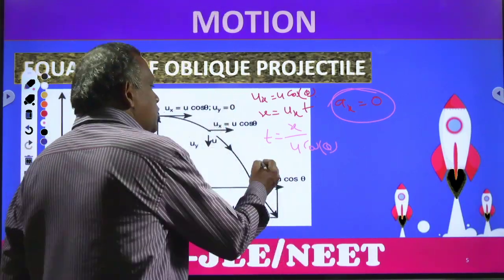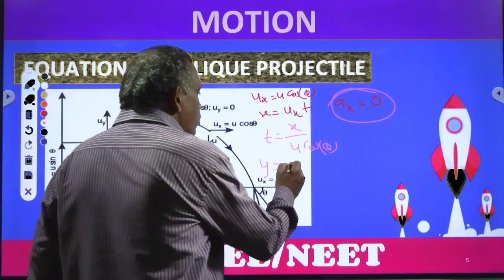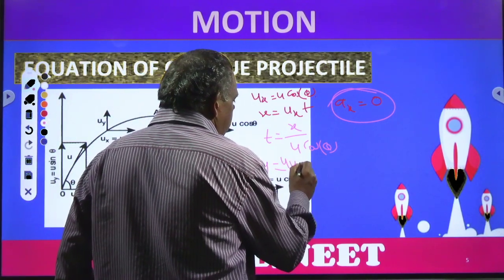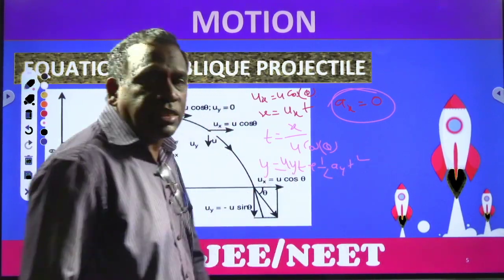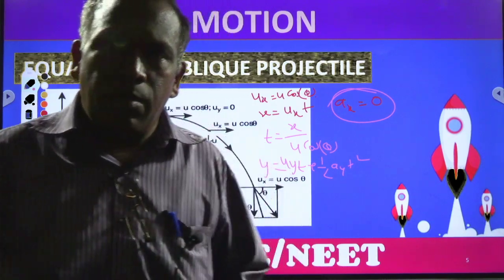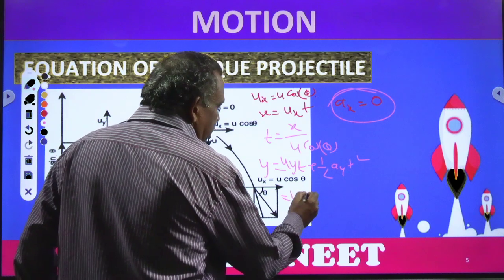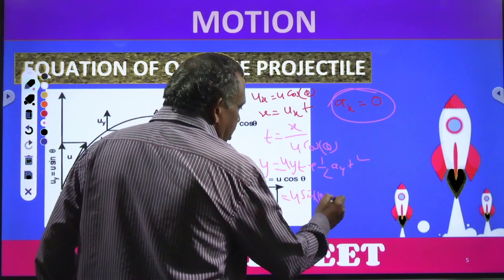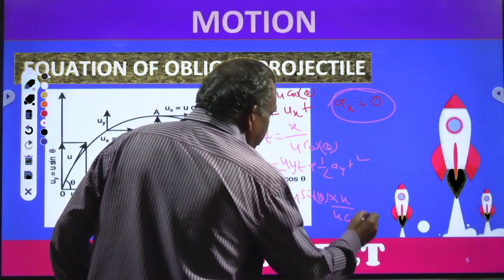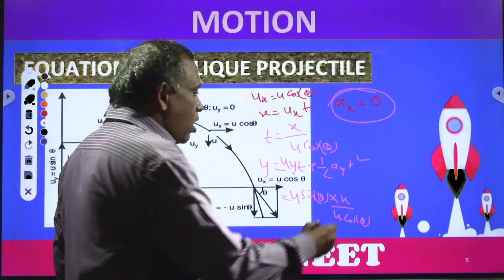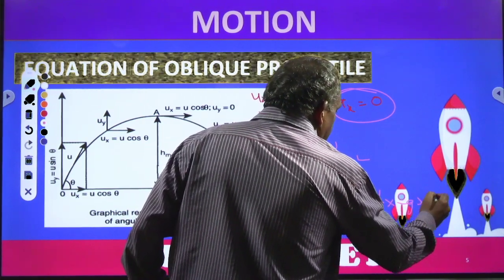Similarly in vertical motion, y is equal to uy into t plus half ay into t square. Acceleration along the y axis is minus g, and uy is nothing but u sin theta. T is nothing but x by u cos theta. So y is equal to u sin theta into x by u cos theta plus half into minus g into t square.